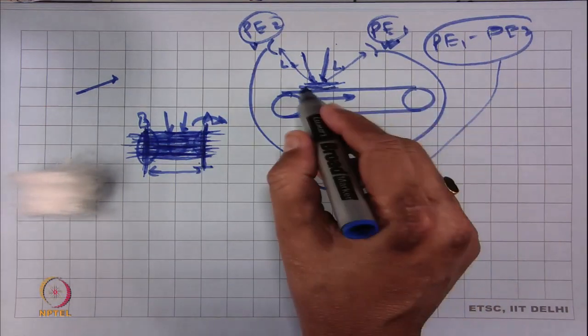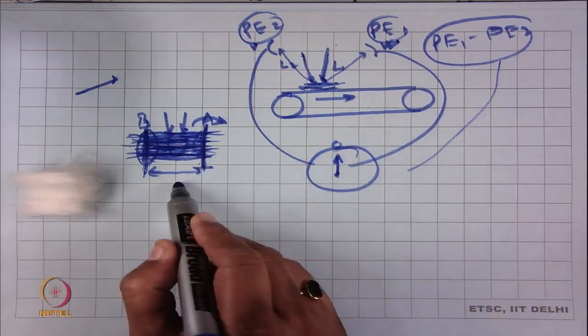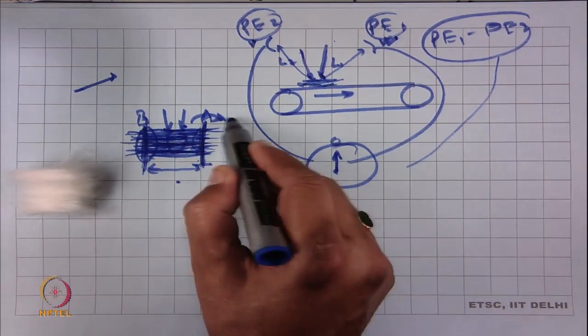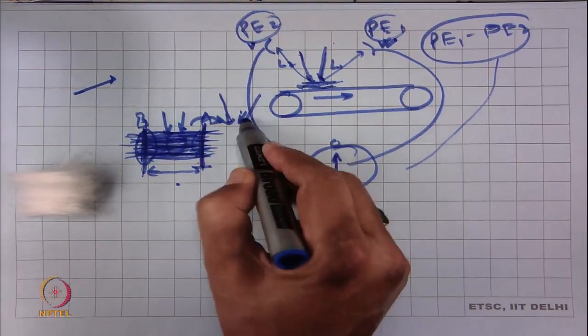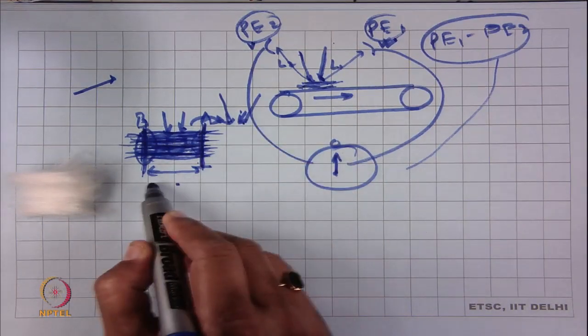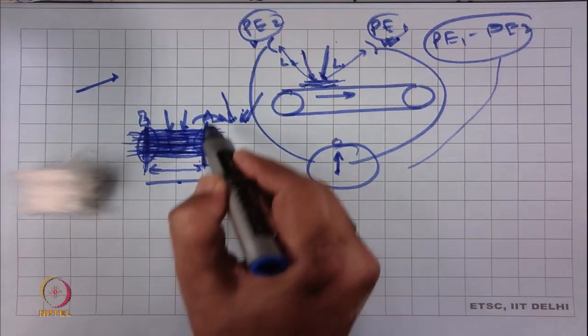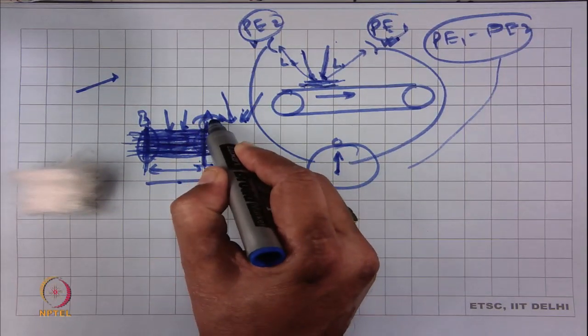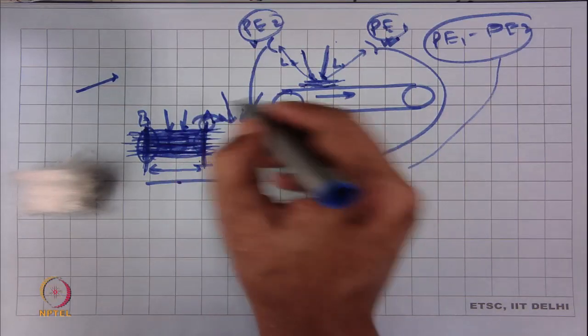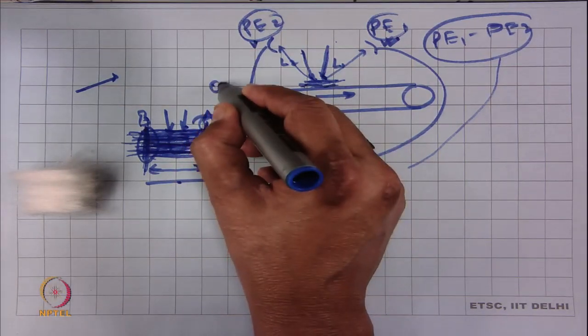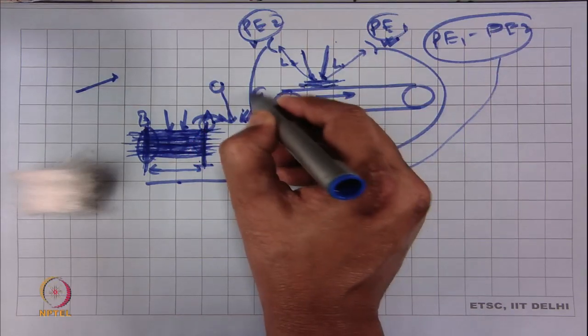Now, as the fringe is moving, it is taking signal at each point. When it is reaching this point, what will happen? The signal of one photoelectric sensor will be entirely different from the other photoelectric sensor.